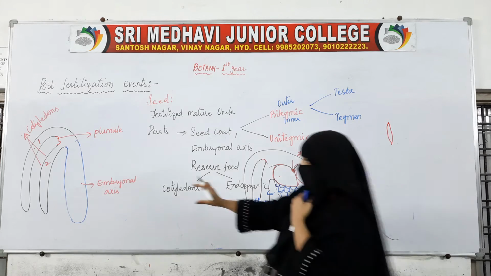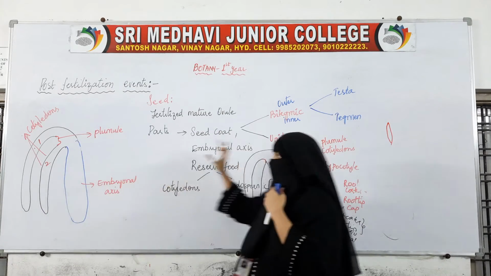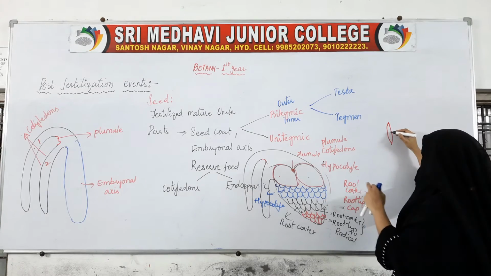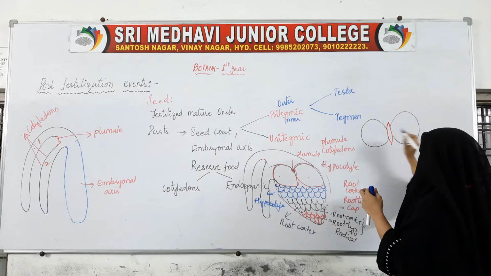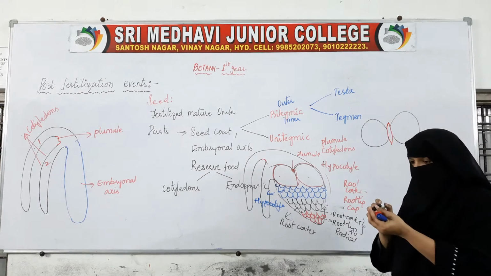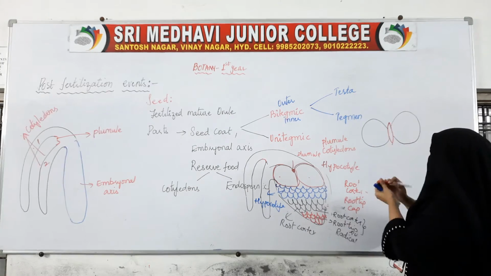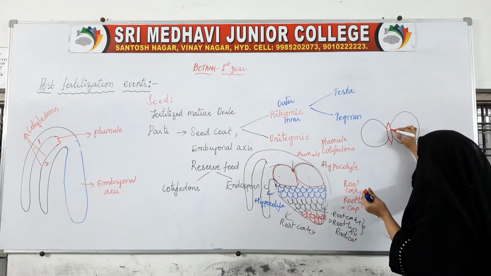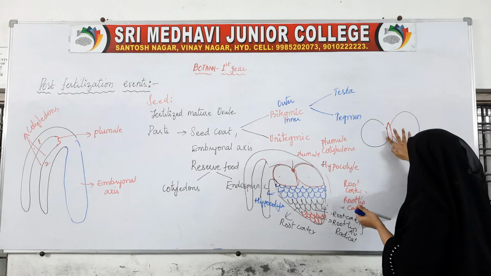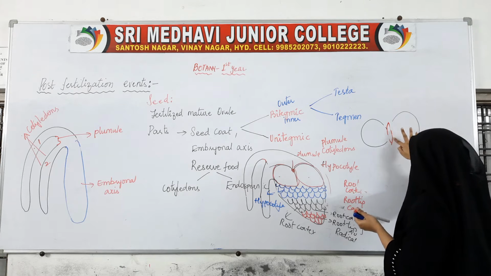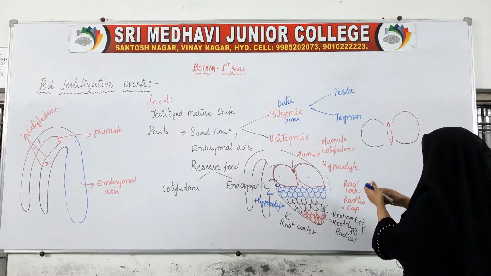This is the embryonal axis and from here two cotyledons are there. This is one cotyledon, this is another cotyledon, and this is the point from where the cotyledons are arising. I will make it short here. Let us see this one.